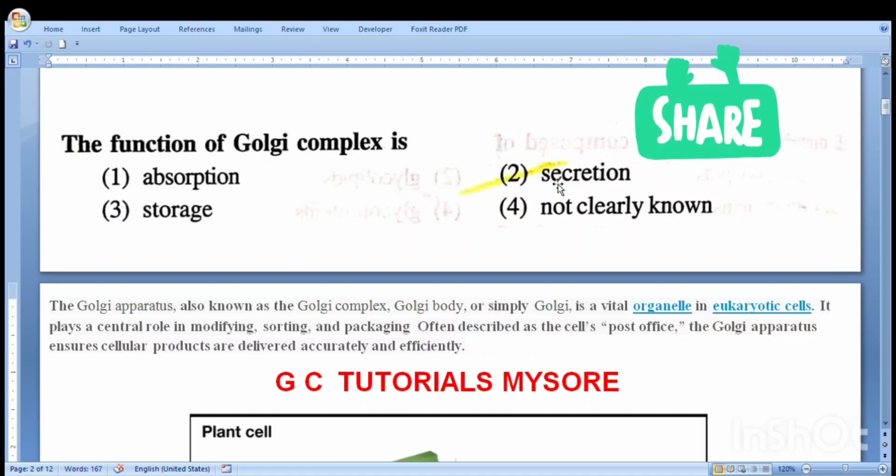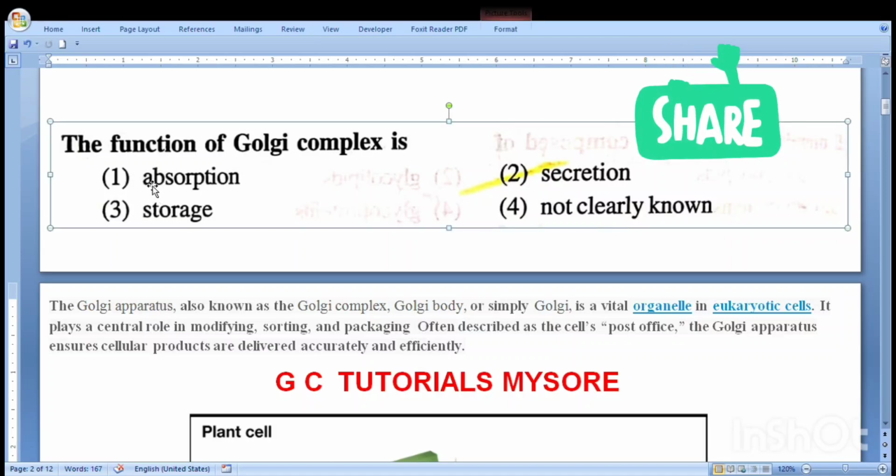Next, which organelle plays a role in absorption? The absorption and storage of nutrients, ions and water is done by vacuoles and the plasma membrane. Vacuoles and plasma membrane play an important role in absorption.